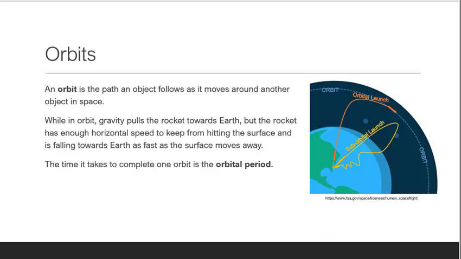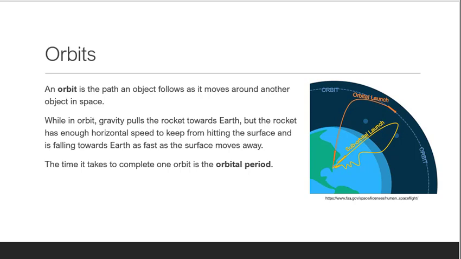As it climbs, it moves into something called an orbit, and an orbit is a path that's followed around another object. So if you're moving around an object in a circular or elliptical path, that's called an orbit. And what's creating that orbit is gravity, pulling that rocket inward with a centripetal force, holding it in and making it go in a circle.